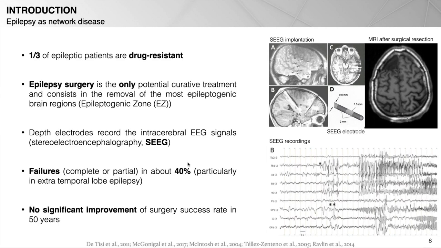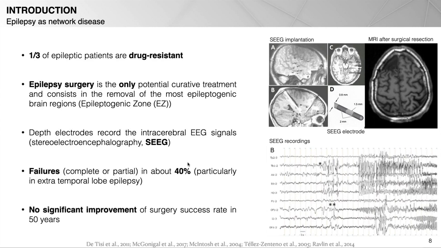Overall, for this type of epilepsy, about 60 to 70% of the patients can be treated pharmaceutically. But for the remainder, the only hope is either the resective surgery or something that is upcoming for the moment, brain stimulation.